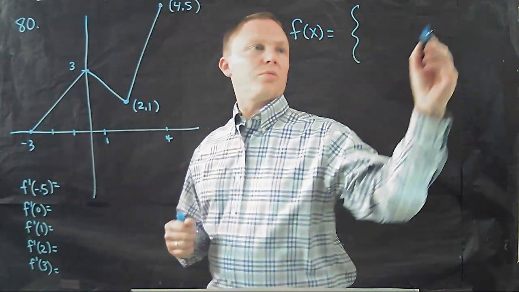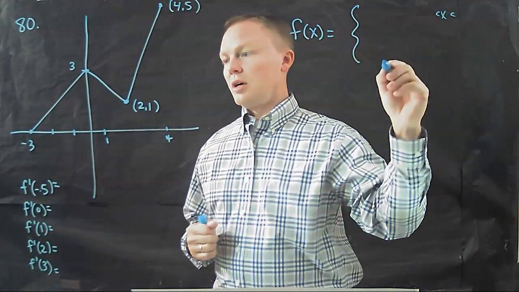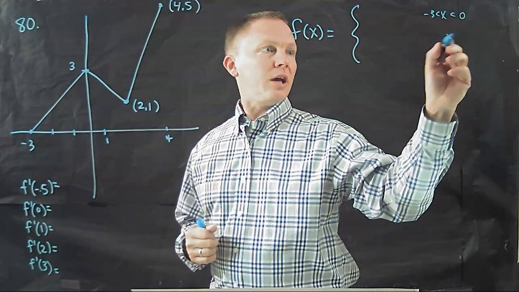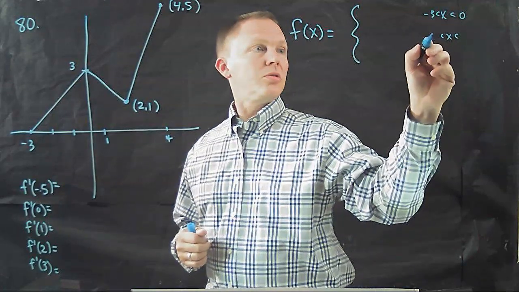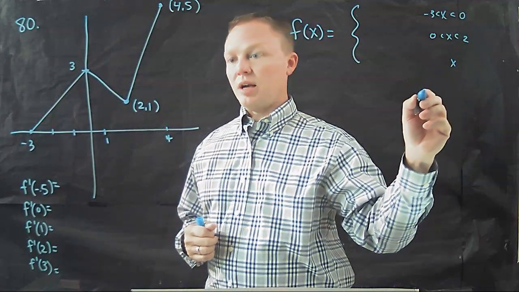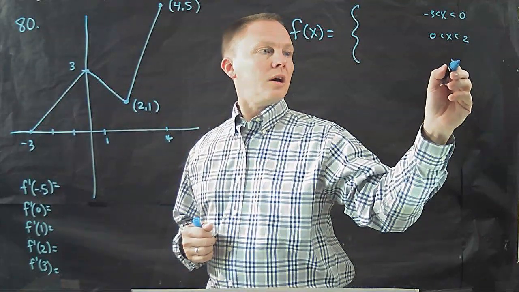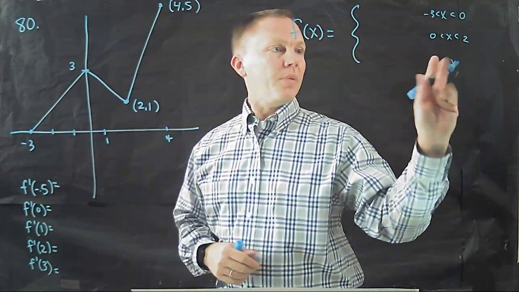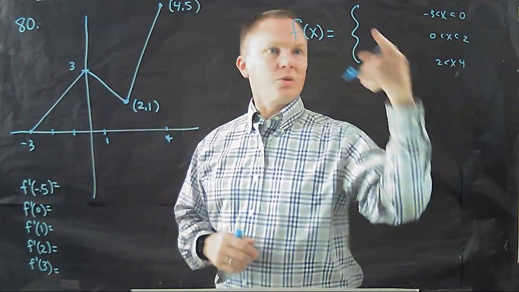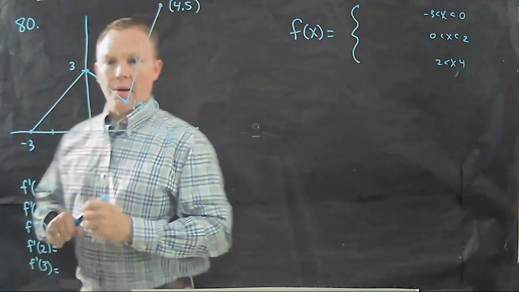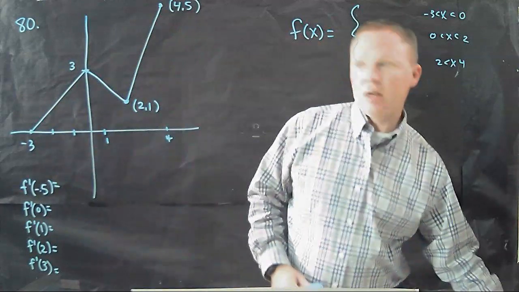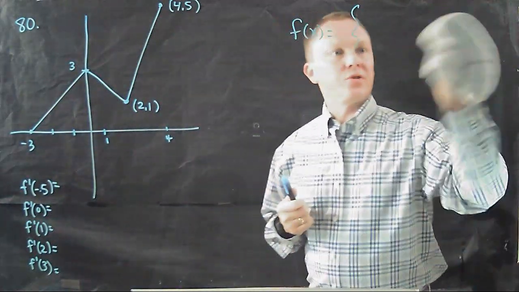Like the first branch would be x between -3 and 0, and the next branch would be x between 0 and 2. And then the next branch would be x greater than 2. Oh, actually, it's between 2 and 4. So it would be three different branches. You would have to find the equations of those three lines to do that. But that's not what we're interested in doing right now.